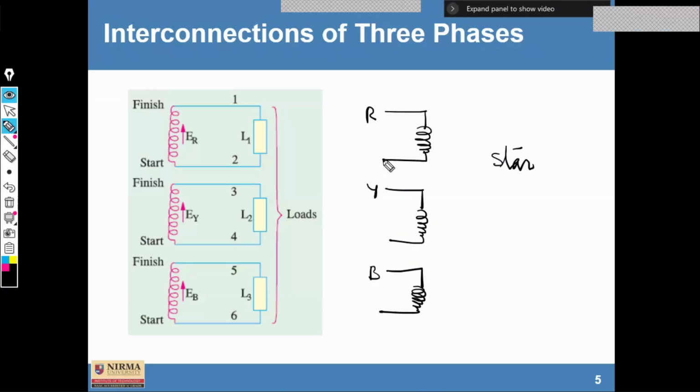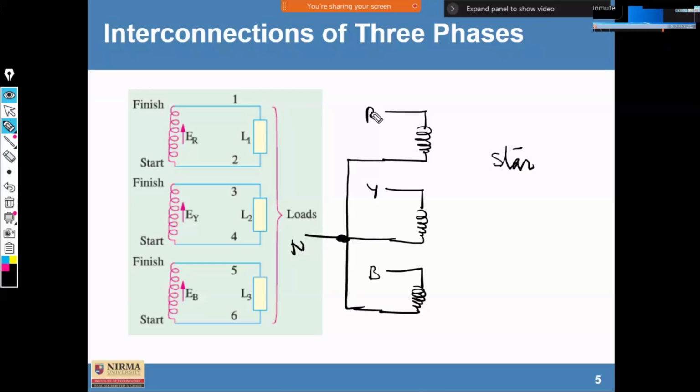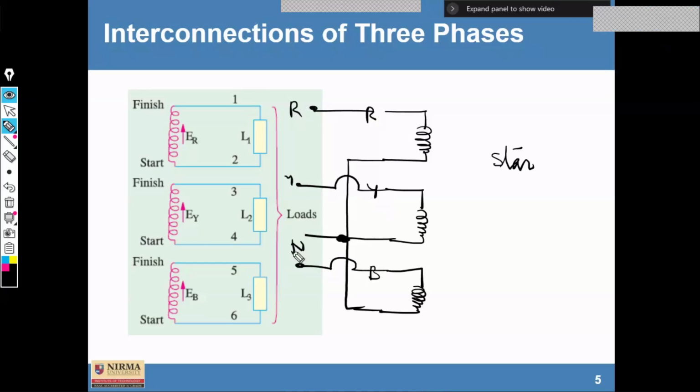So if we connect all these three other terminals, and if we short them, this would be your neutral point, and this would be your R, this would be your Y phase, and this would be your B phase. Fine. So here, this is a 3-phase 4-wire system. So normally star connection is applicable to the load where unbalancing is there.